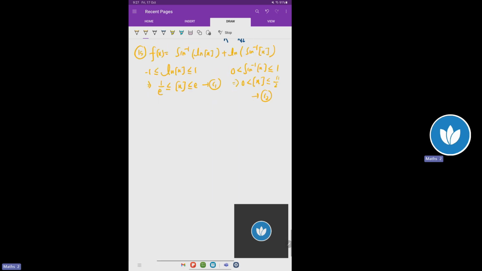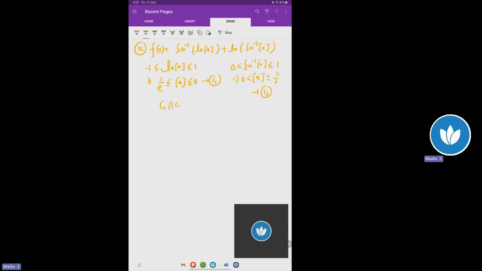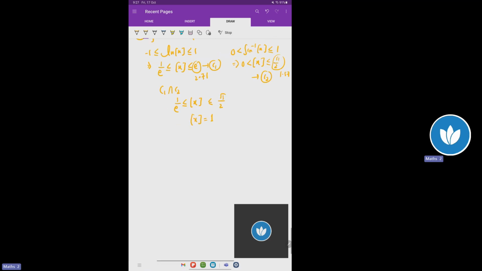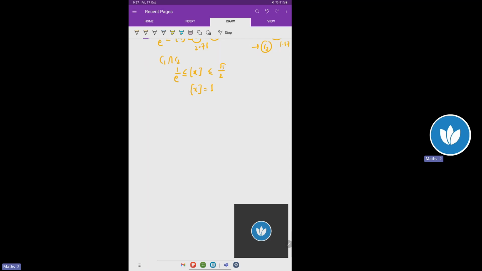Now if you take the intersection of both conditions, pi by 2 is approximately 1.57 and e is 2.71, and 1 by e would be something positive. If we take the intersection of the two, the greatest integer of x should lie from 1 by e to pi by 2. Which is the only integer belonging in this interval? Obviously the greatest integer of x is equal to 1, because the greatest integer of x is an integral value.